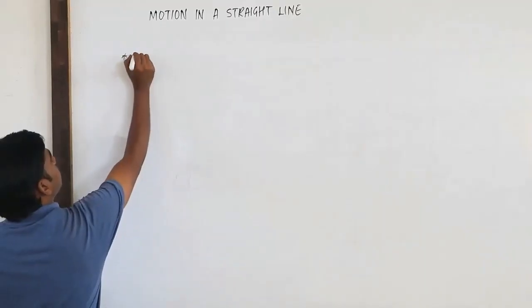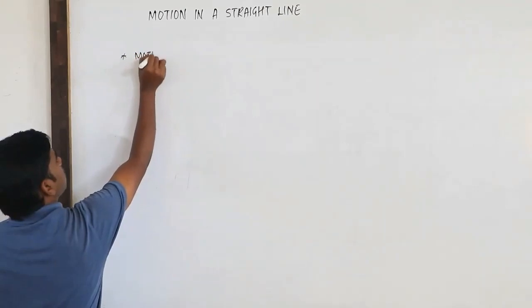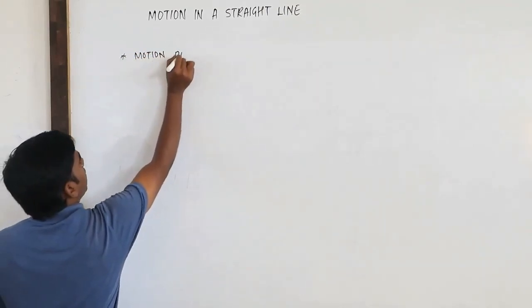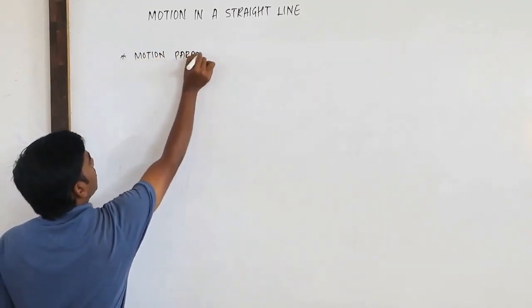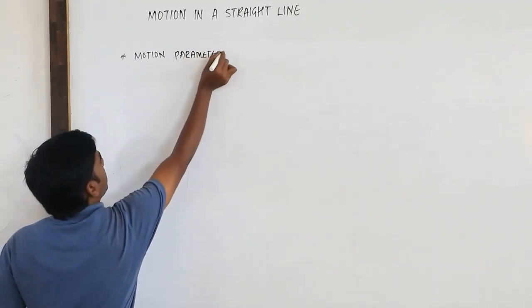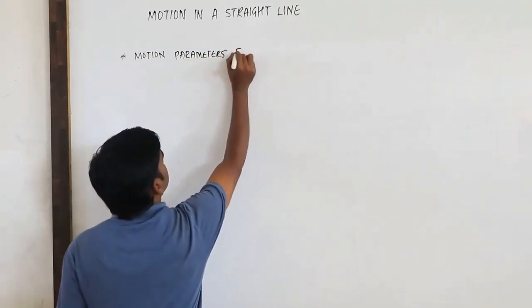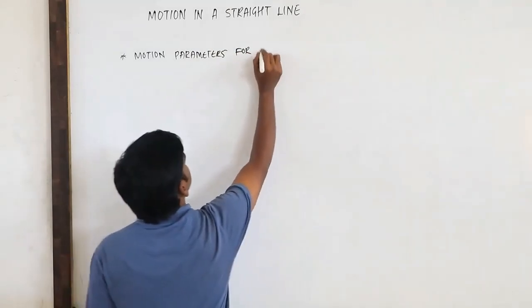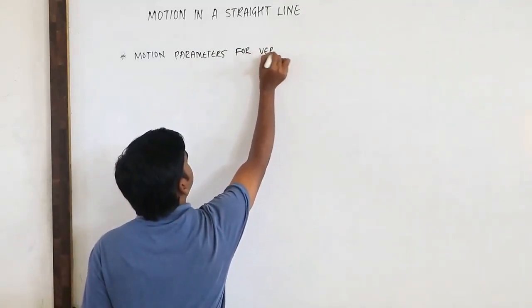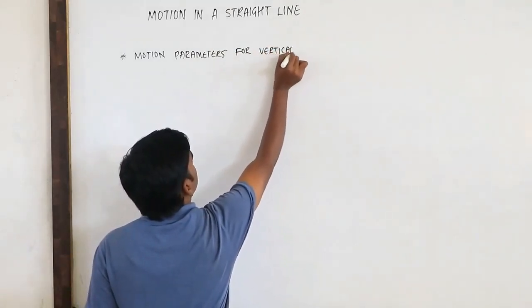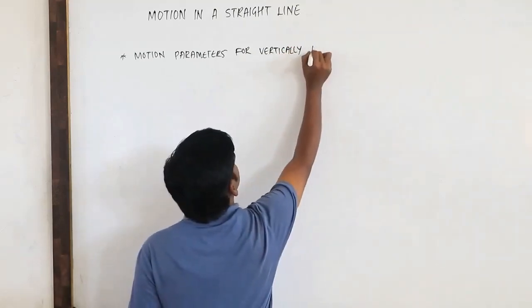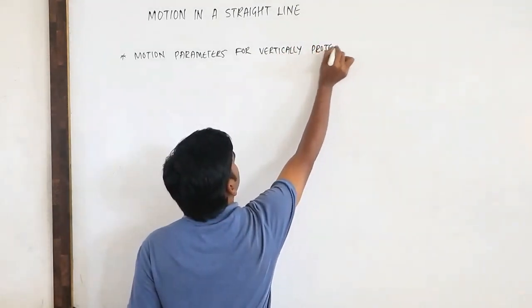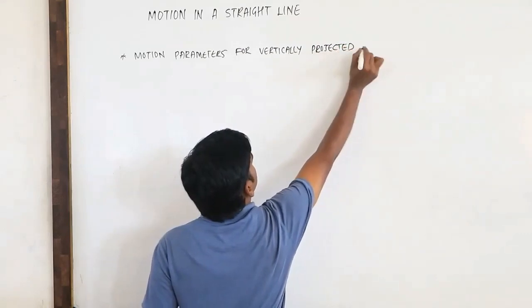Okay, so now we'll see motion parameters for a vertically projected body.